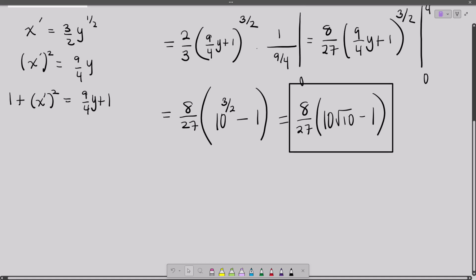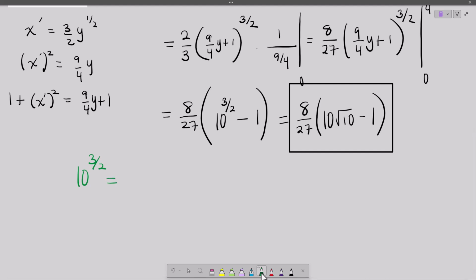So if you have 10 raised to the 3/2 power, that's the same thing if you evaluate the denominator of the exponent first. That gives you the square root of 10, quantity cubed, which means, the definition of an exponent, you're going to take the square root of 10 and multiply it by itself 3 times.